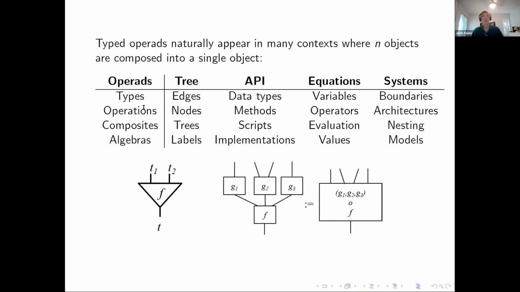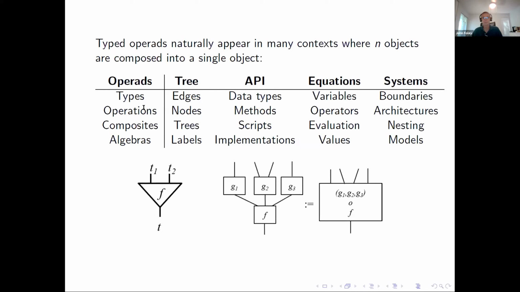Okay, so typed operads. This is a paper for a general scientific audience, and so really we were trying to emphasize that anytime you have n objects being composed into a single object, typed operads kind of naturally arise.